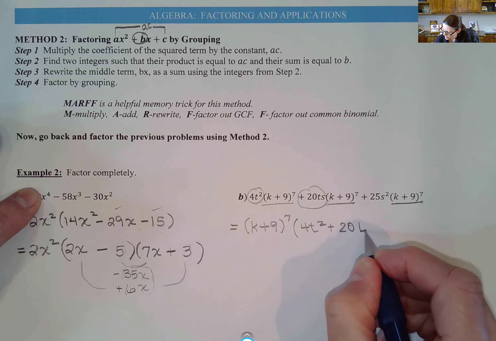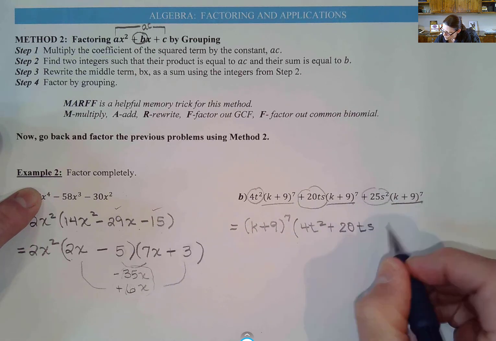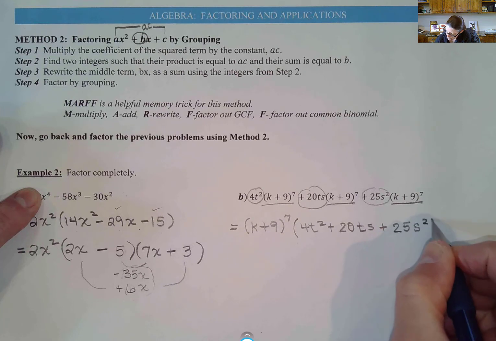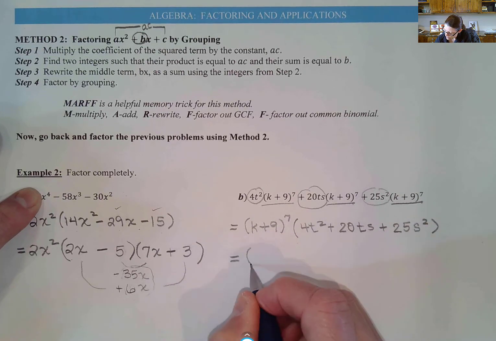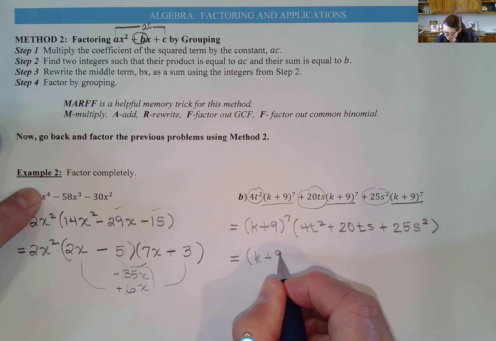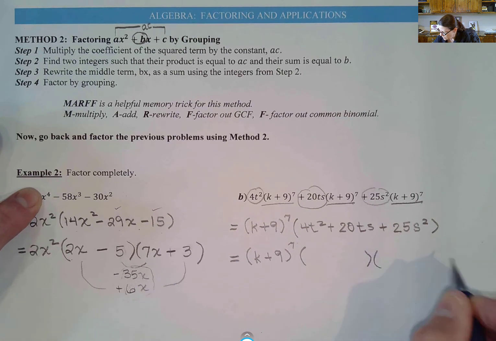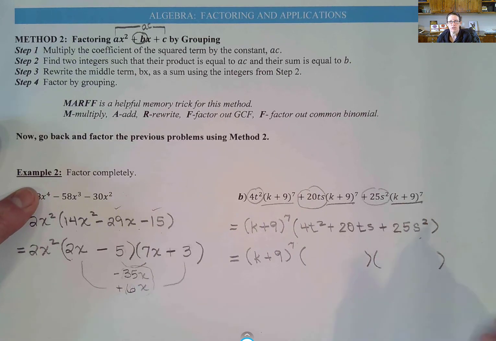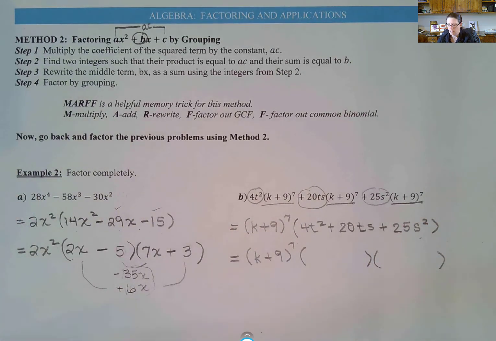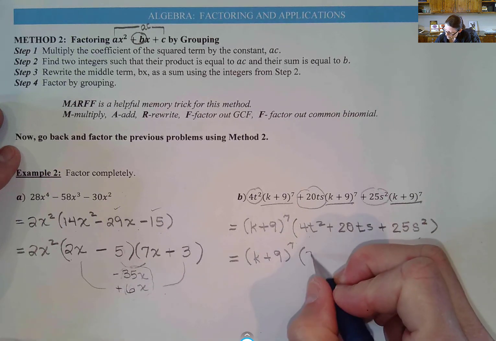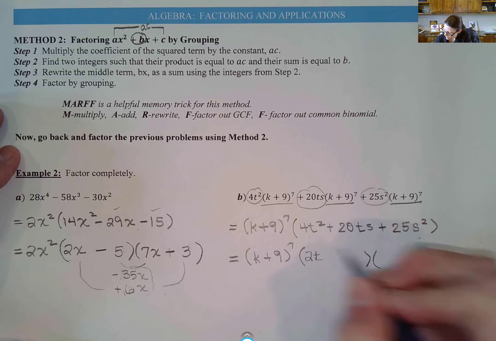And what we see as our trinomial here is actually a perfect square trinomial. We can recognize that perfect square trinomial because its first term is a perfect square. 4t squared is 2t times itself. Our last term is also a perfect square. 5s times 5s gives 25s squared.